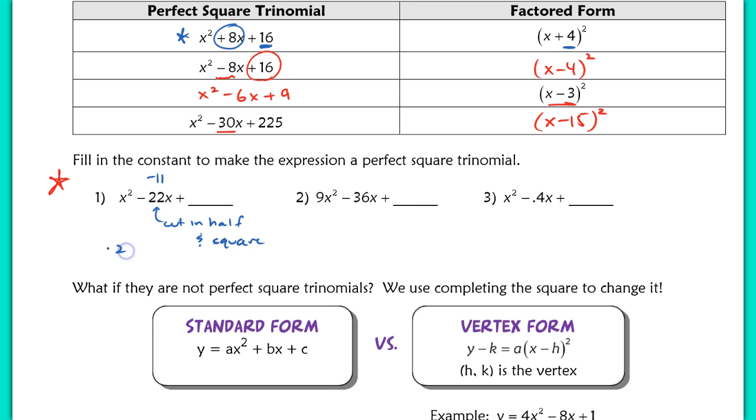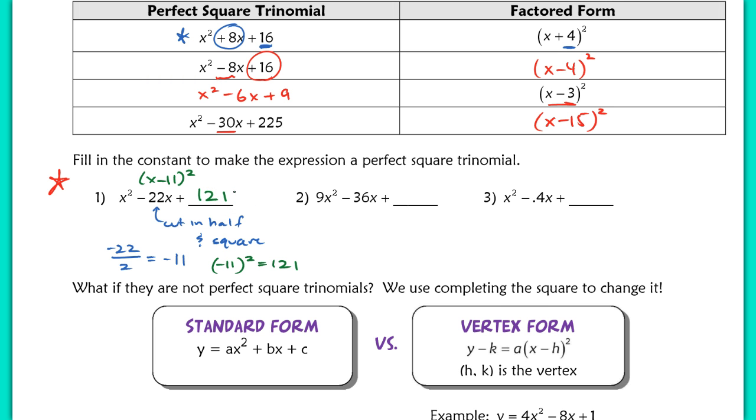So basically all I'm doing is negative 22 divided by 2. I get negative 11. And then I'm going to take that number, negative 11, and then I'm going to square it to get 121. So this constant would be 121. This would then factor into x minus 11 squared. Okay, so this is how you can relate the 2 of them together. I'm not asking you to find the factored form, I'm just asking you to find the constant here.